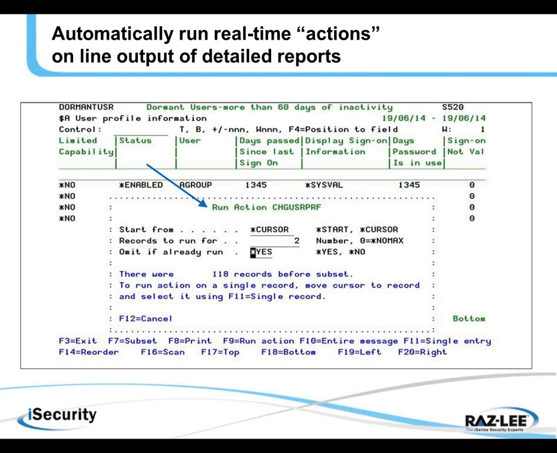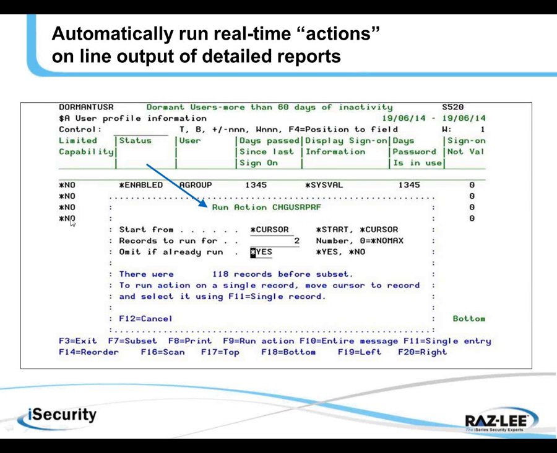We can automatically run real-time actions on line output of detailed reports. What we're looking at here in the background is a detailed report of dormant users, those that have been dormant for more than 60 days. And we predefined that we want to run a certain corrective action called change user profile at the end of the execution of this report.